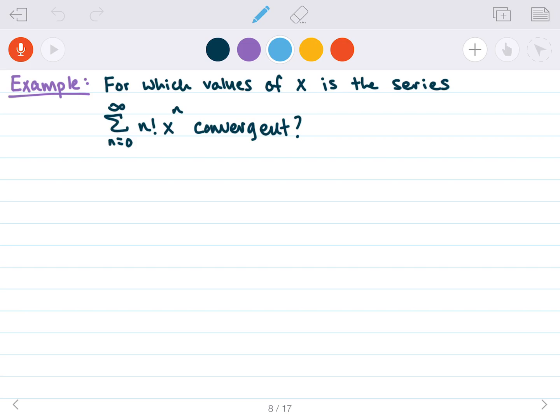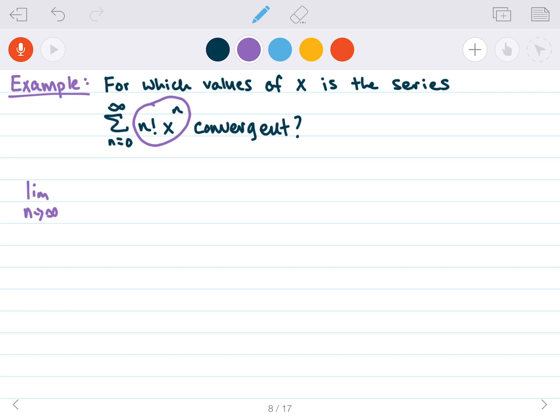So let's look at an example here where we're going to use the ratio test to see for which values of x this thing converges. Okay. So what we're going to do is take the limit as n goes to infinity. And we can think of this as our a sub n. And so for a sub n plus 1, we're just subbing in n plus 1 anywhere we see an n.